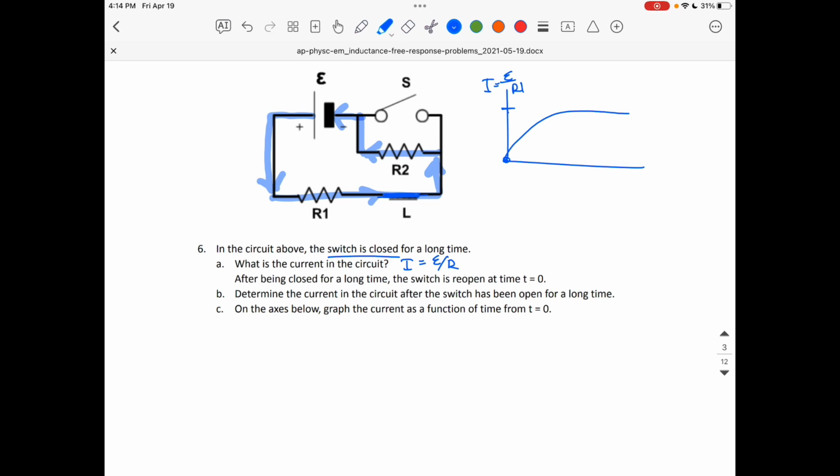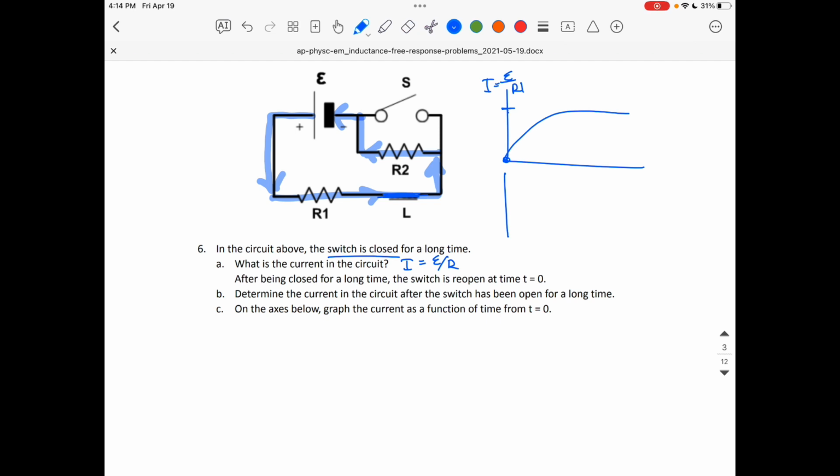So the current in the circuit after the switch has been opened means again that our current is going to go in this pattern. The inductor, even when the switch is open, is going to resist change. So it's going to want the current to continue in the same state.